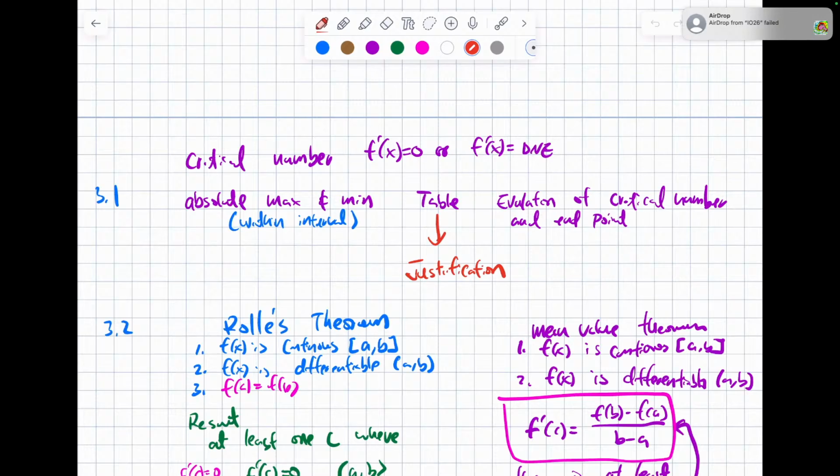f double prime of x is less than 0 from 0 to 3, so 0 to 3 is gonna be negative, right? And f double prime greater than 3 is concave up, so it's down and up.